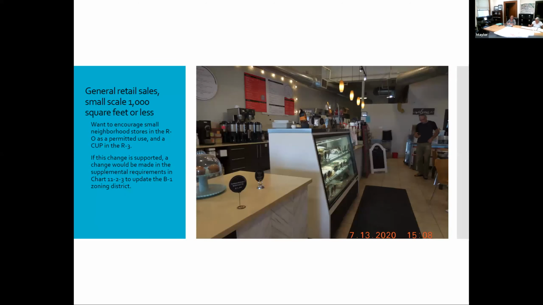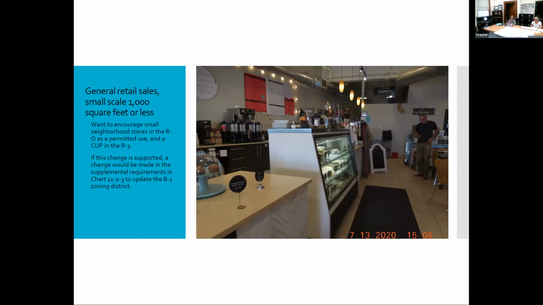The next significant change identified to be proposed is to allow general retail sales on a small scale of 1,000 square feet or less. We want to encourage small neighborhood stores in the RO as a permitted use and as a conditional use permit in the R3.